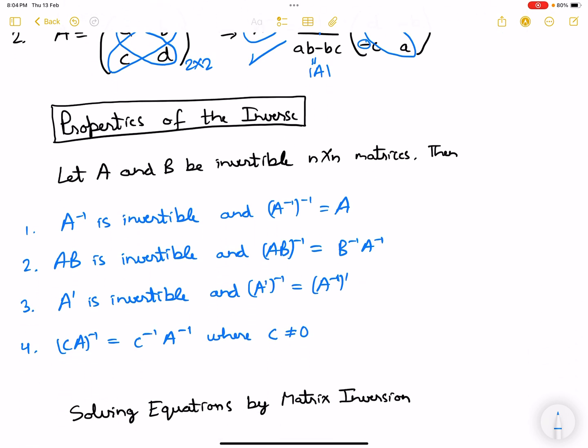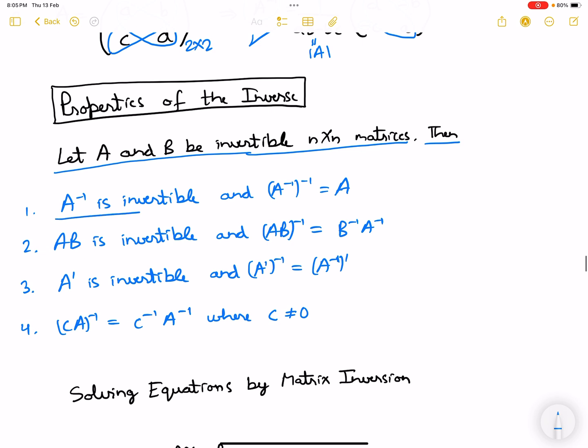Now some of the properties of the inverse. Let A and B be invertible n cross n matrices. Then A inverse is invertible, and the inverse of A inverse would give you A matrix only. If A and B are invertible, then the inverse of AB is B inverse A inverse.